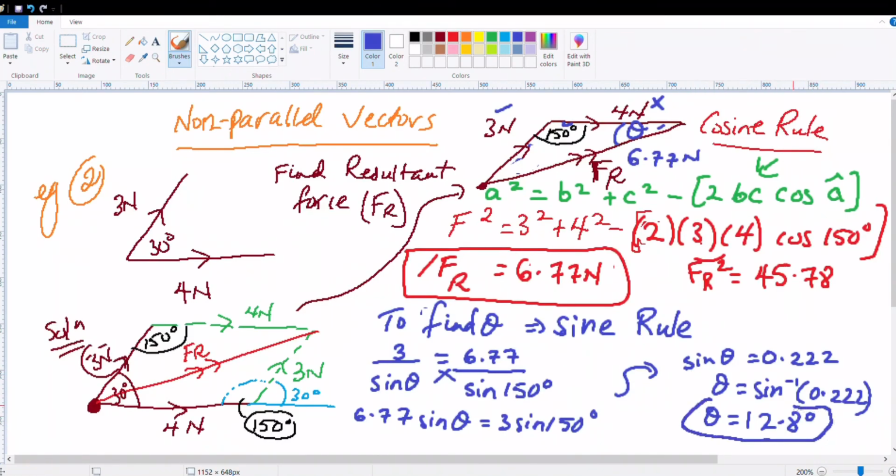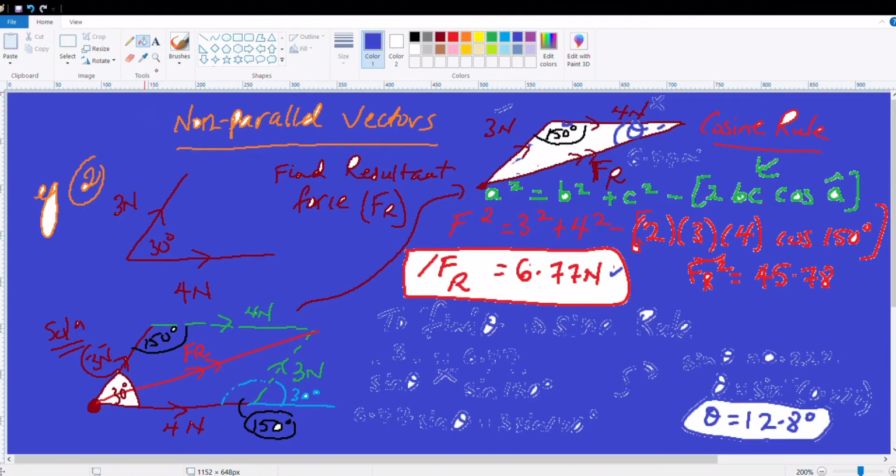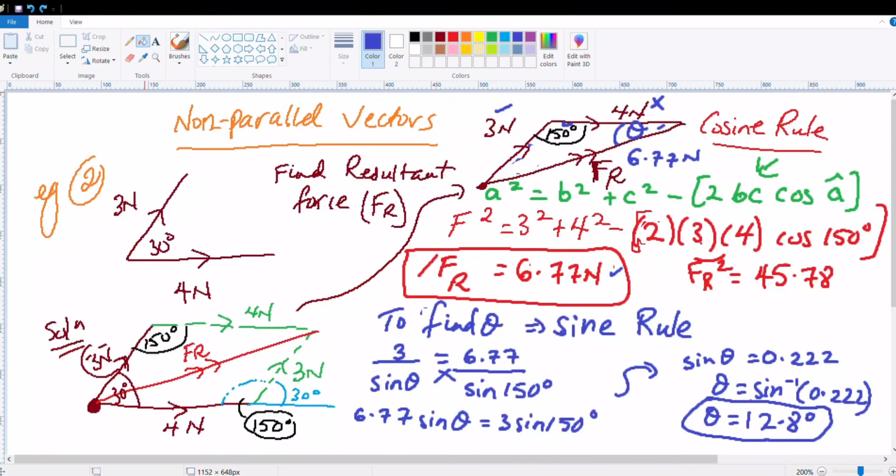Three significant figures, because my force was also given to three significant figures. So what is our final answer? Our final answer is for FR, which is 6.77 newtons, at an angle theta to the horizontal.